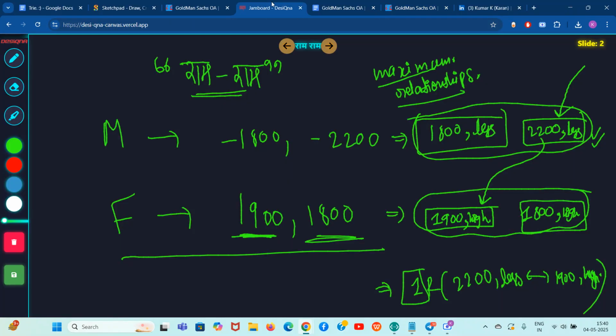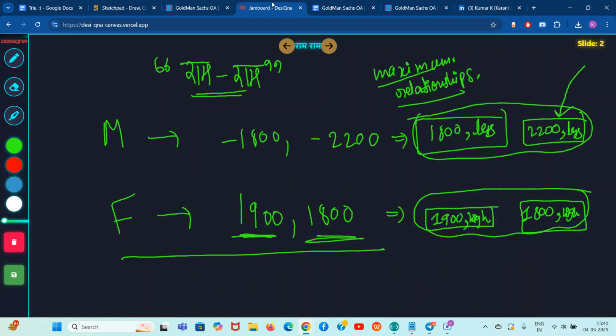Now I will try to explain that even if the 2200 guy tried with the other girl, the answer would still be 1. That's why only one maximum relationship is possible. You can say, sir, what if the 2200 guy tried to make a relationship with this girl?